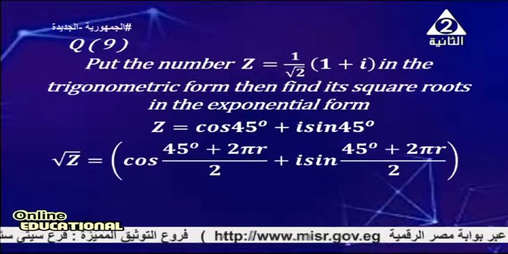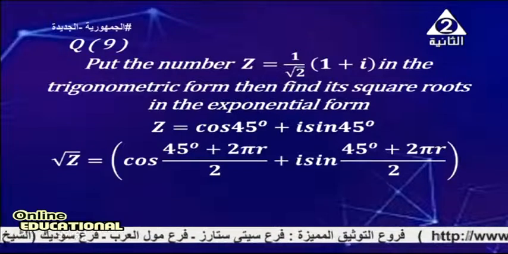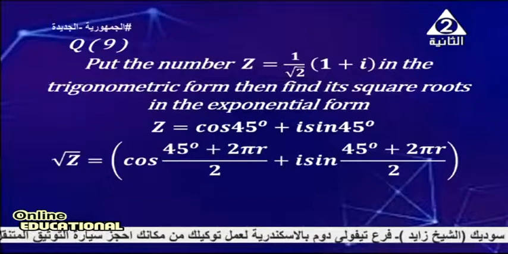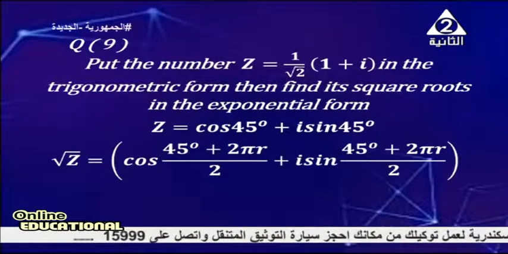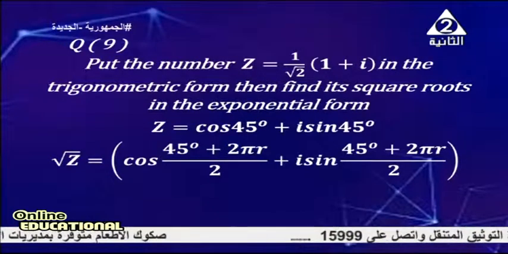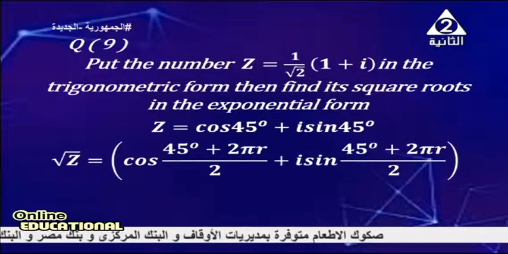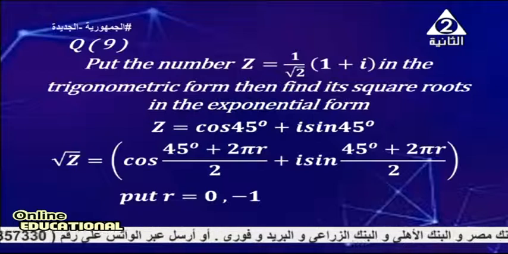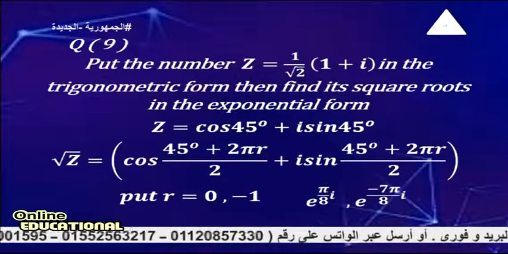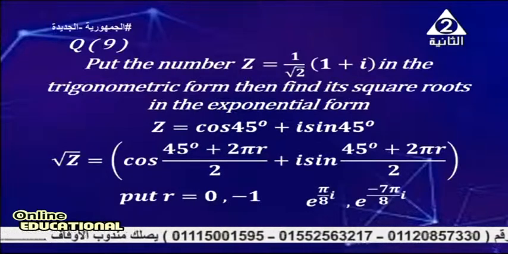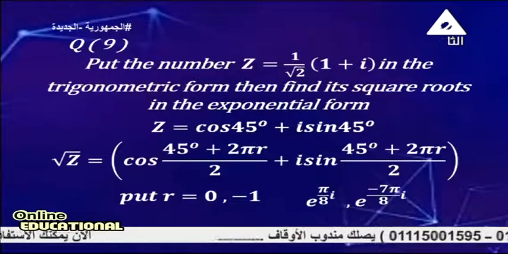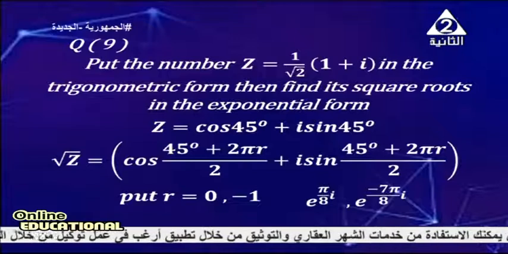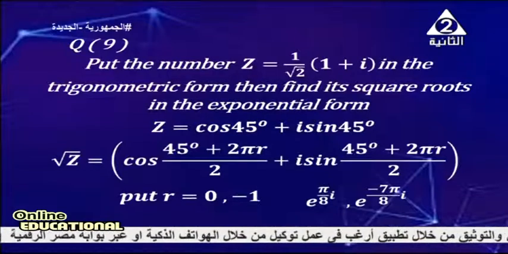What is the square root of z? The square root of z equals cosine (45 plus 2 pi r) over 2 plus i sine (45 plus 2 pi r) over 2. After that, if r equals 0 or negative 1, in exponential form we get e to the power pi over 8 i and e to the power negative 7 pi over 8 i.